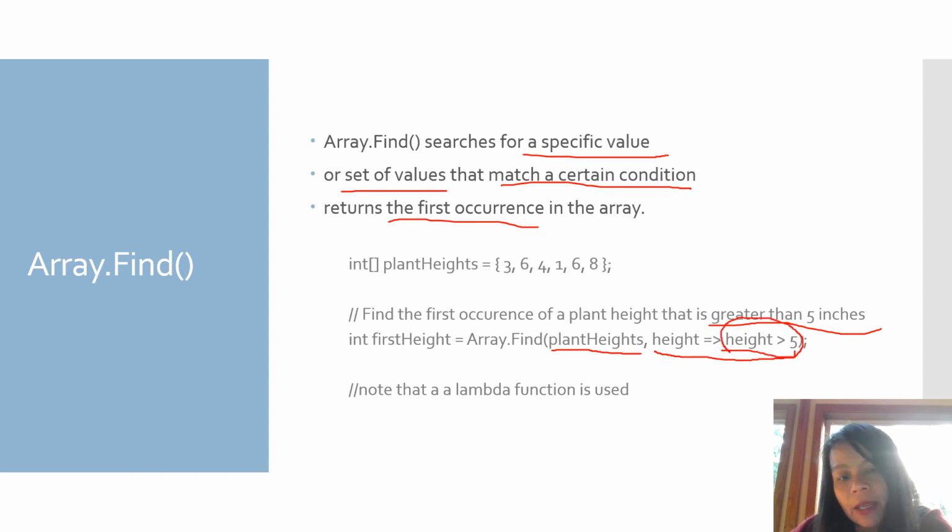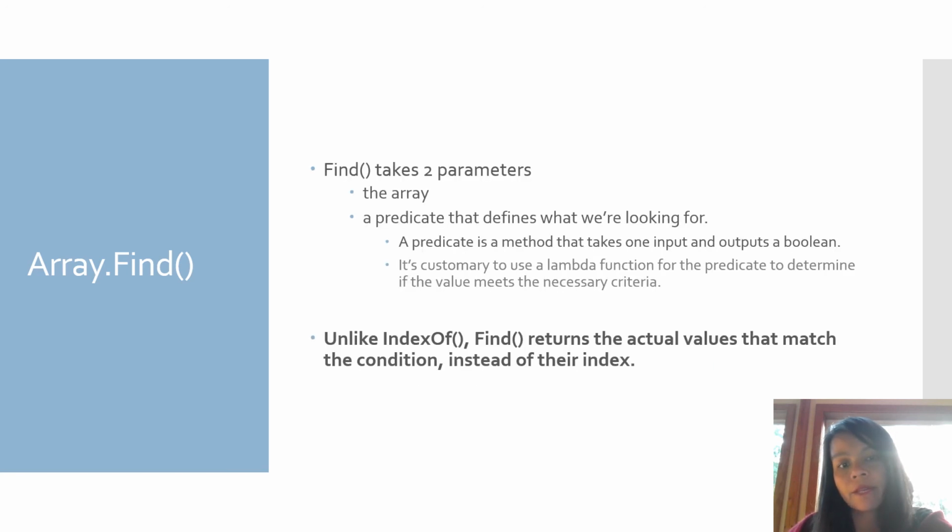Note that a lambda function is used, and we'll talk more about that in a later lesson as well. So what it's going to find is, of course, 6, because that's the first one that's greater than 5.